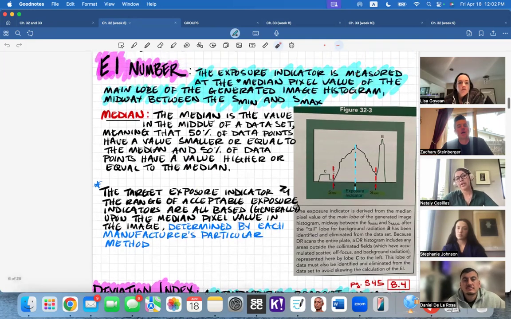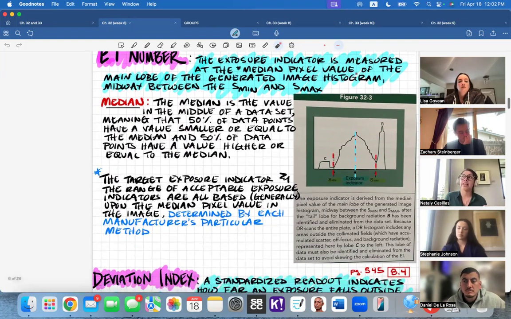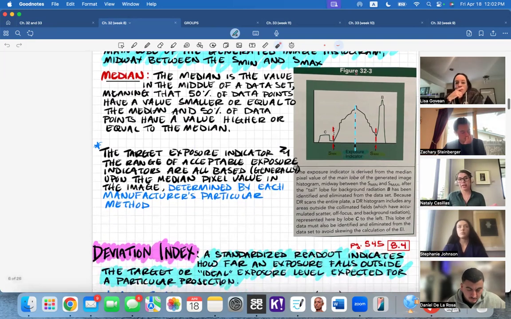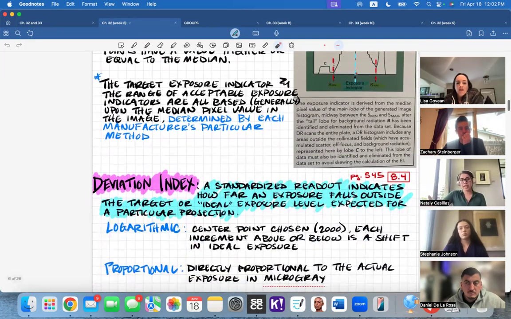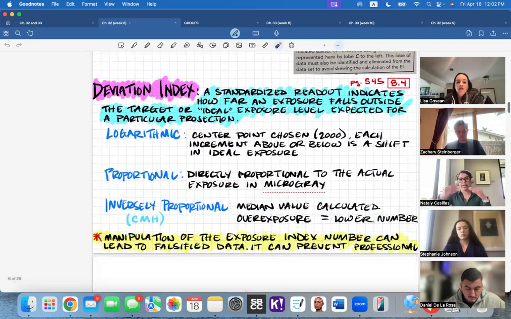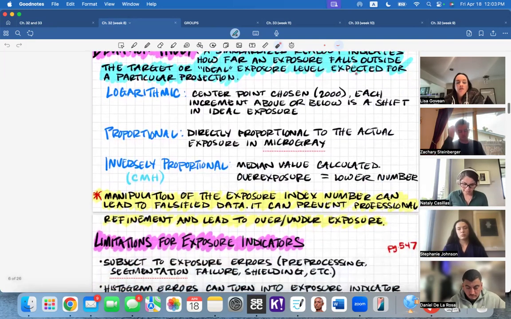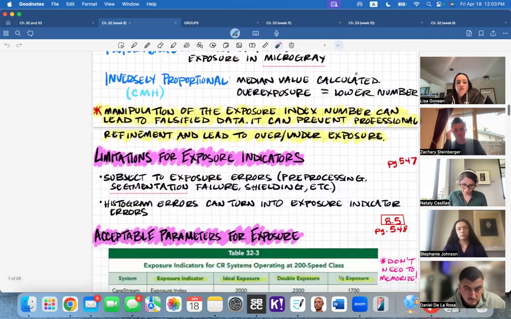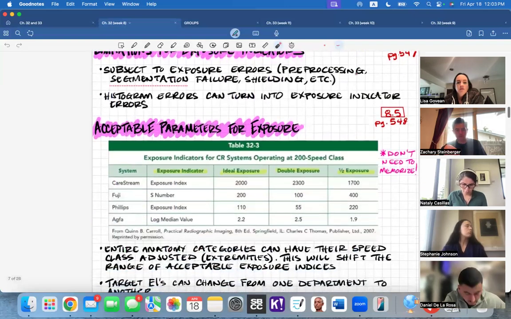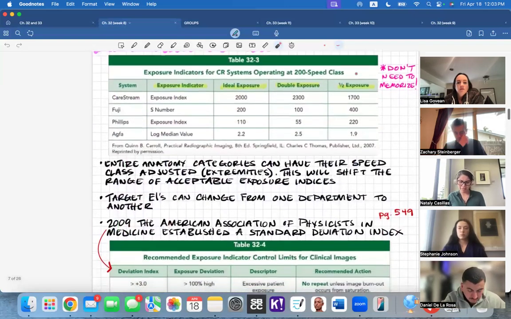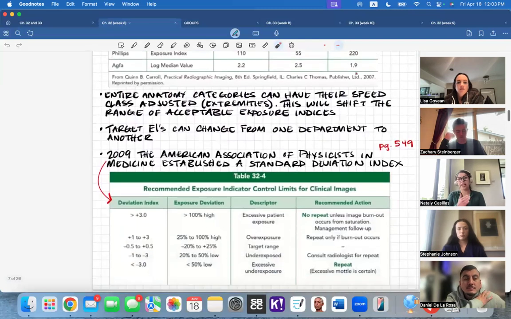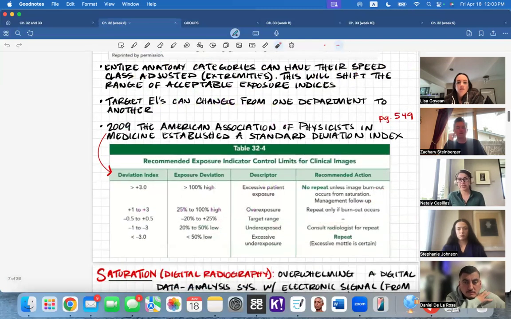And then the deviation index is just a universal readout of the EI number, because there are so many manufacturers that have different things. I think one of the boards of the radiologists came up with it to make it a standardized thing across all manufacturers, if that makes sense.